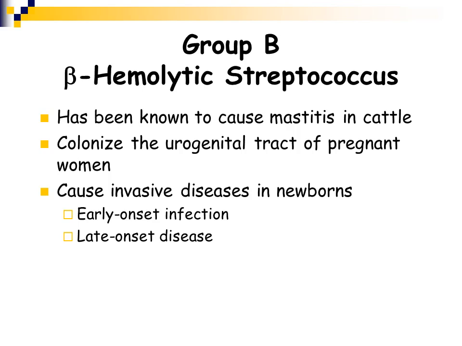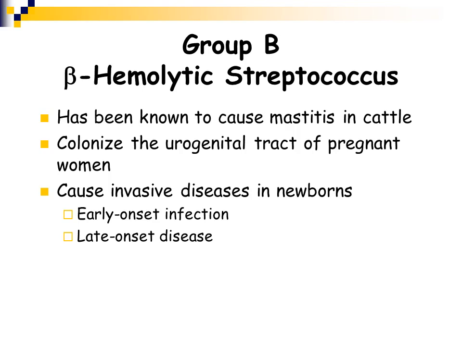It can colonize the urogenital tract of pregnant women, and it can cause an invasive disease in newborns, and this is due to passage of the baby through the birth canal in individuals that are carrying group B strep in their urogenital tract.